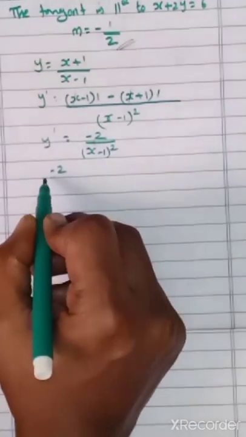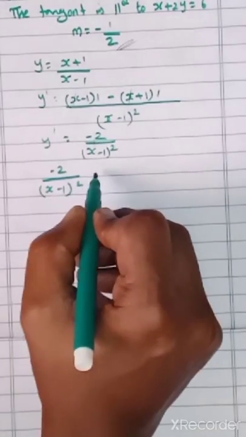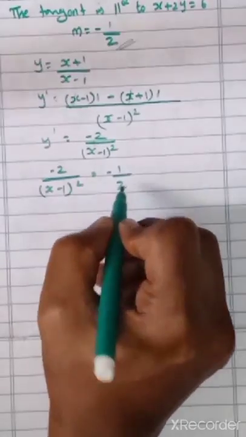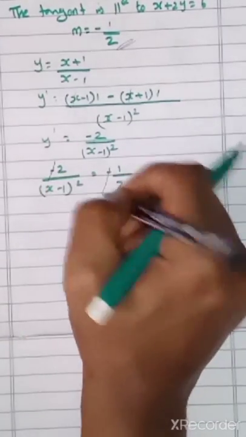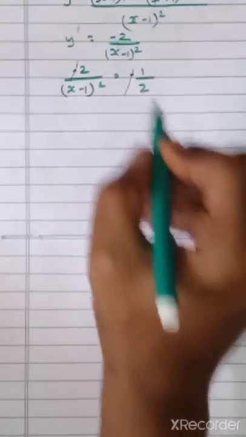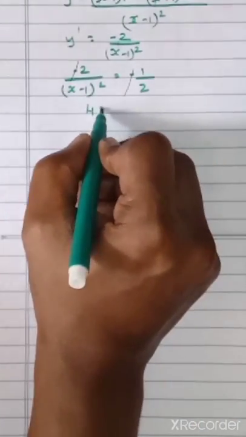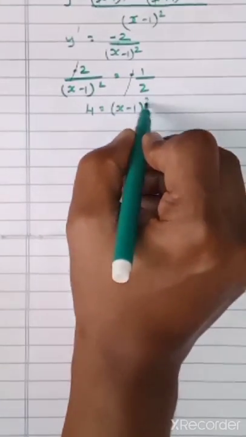So if we equate minus 2 by x minus 1 the whole square is equal to minus 1 by 2, and taking a minus minus will get cancelled, after simplifying, what you will get? 2 2s are 4 equal to x minus 1 the whole square.